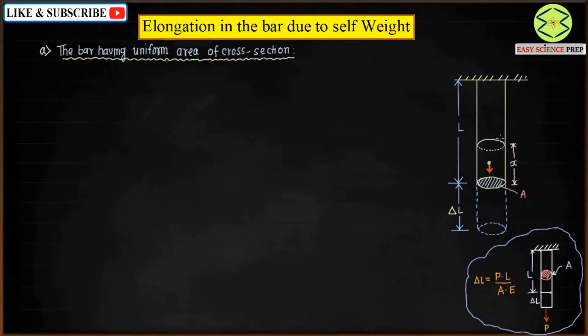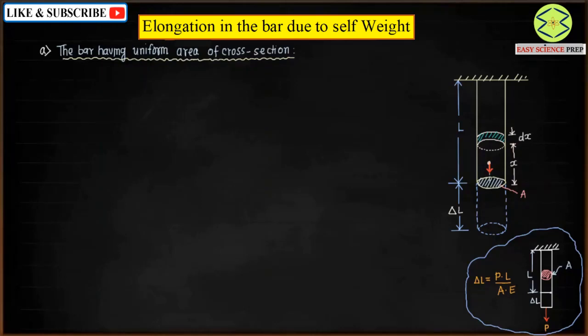This portion of the bar is going to have some weight, and that is going to act downward. Just above this portion of the bar, I am considering a small element having very small thickness, with small length dx.